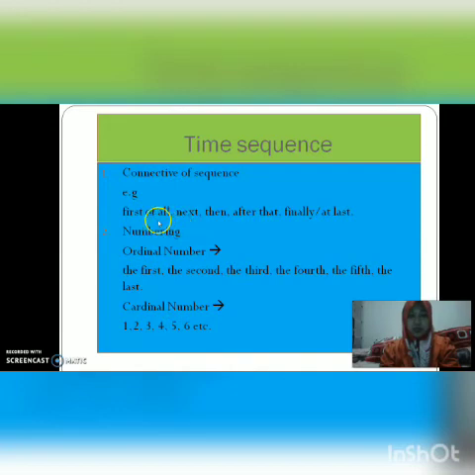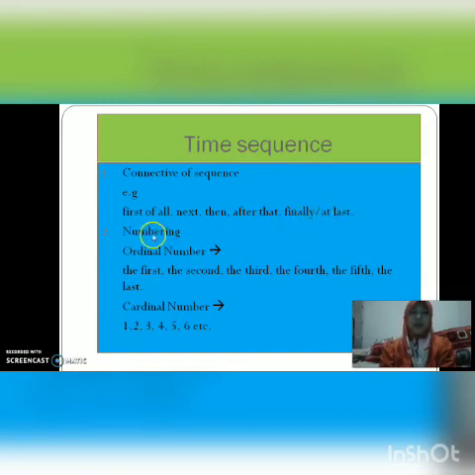You can use first of all in the beginning, in the starting part of the procedure text, and in the end you can say at last or finally.